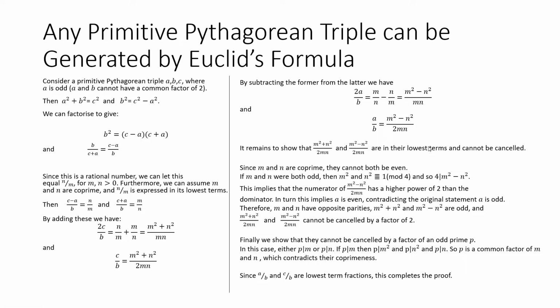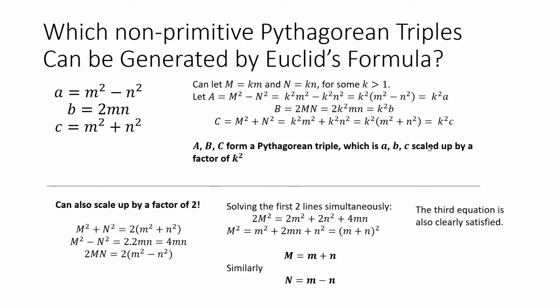So once again, I've shown you there that any primitive Pythagorean triple can be generated by Euclid's formula. So the next thing is, what factors can we scale up by? Well, there are two kind of obvious answers here.